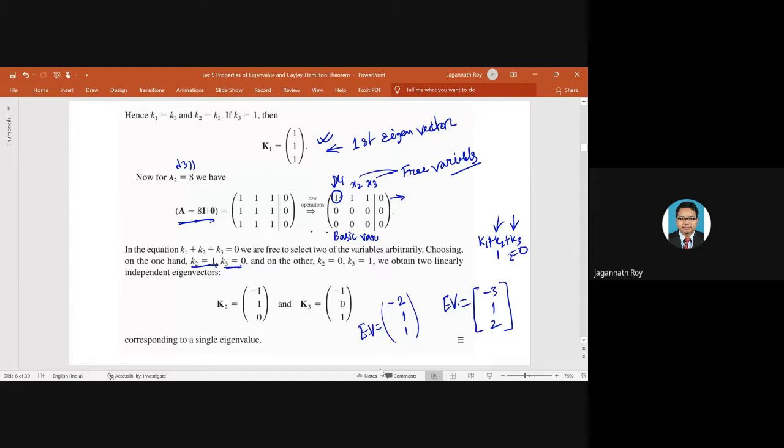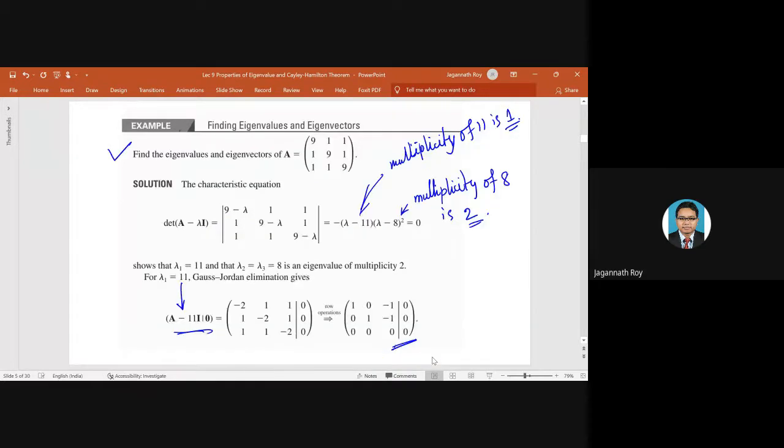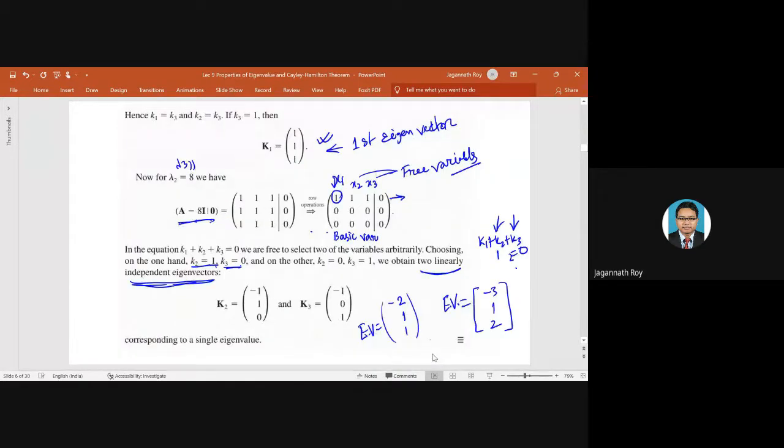For different choices of this, you will have the situation that only two linearly independent eigenvectors will be there. You may have infinite choices, like we have seen here, but linearly independent only one vector there. So similarly here, we'll have only two linearly independent vectors.